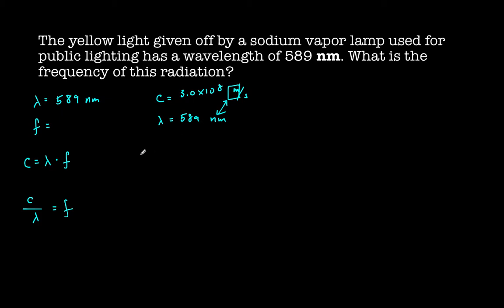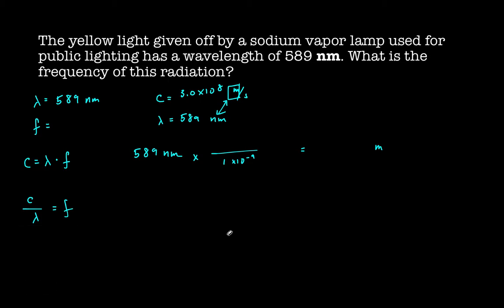What we are going to do is convert this 589 nanometers into meters. Nano is 1 times 10 to the negative 9th, which is just your value for how many meters are in 1 nanometer. Oh, I actually flipped that.